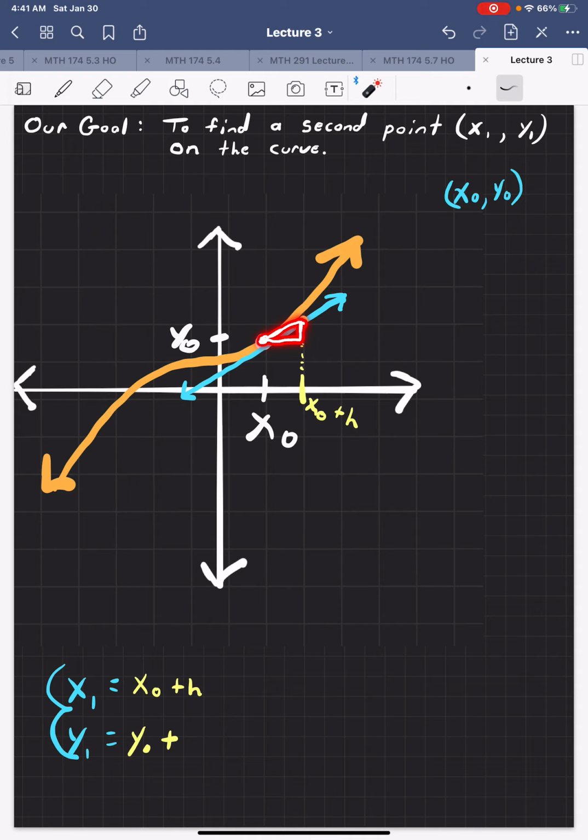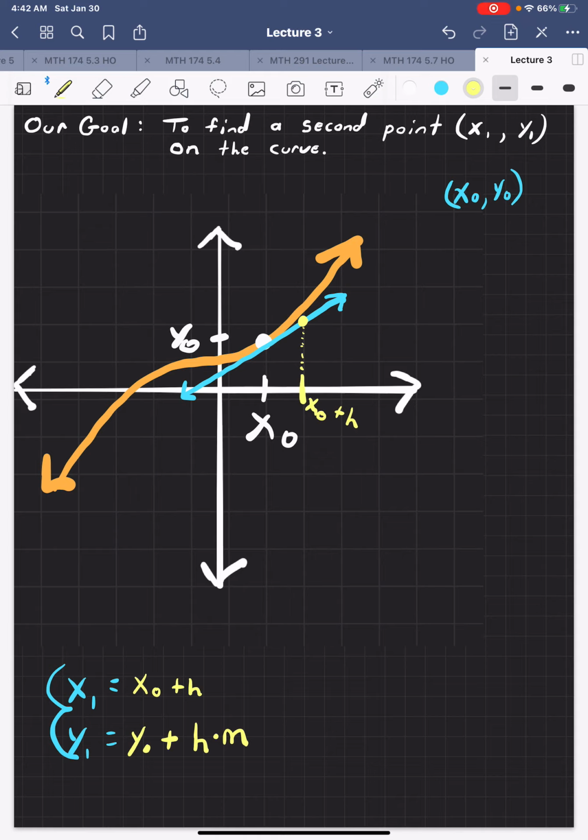Well, the total y value is going to be y sub 0 plus, now how do we get to this new position? Well, it's just simply going to be h times the slope of the line. Now, for right now, I'm just going to write h times m. I don't really like that notation. I'm going to get rid of that m in just a second.